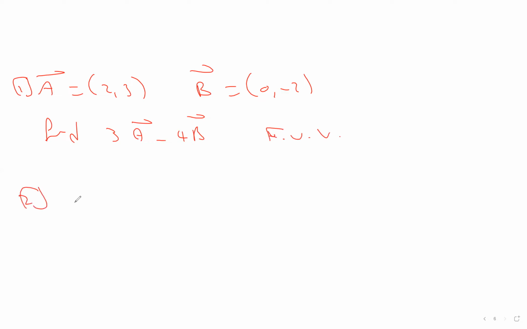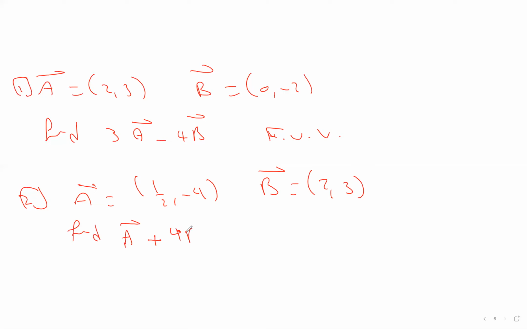Number 2: if A equals (1/2, -4) and B equals (2, 3), find A minus or plus 4B in fundamental unit vectors.